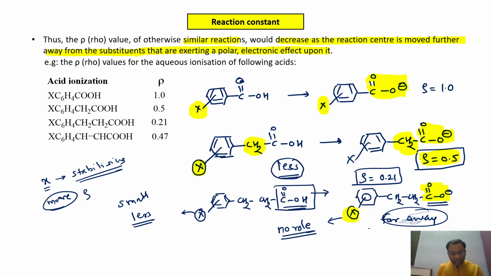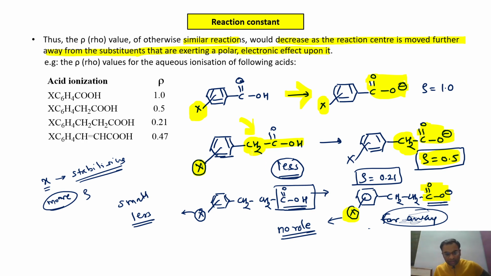Here this reaction is susceptible to the polar effect exerted by the substituent, while the second reaction is less susceptible, as due to the introduction of this CH2 group, this X group has a weak effect in stabilizing this conjugate anion.